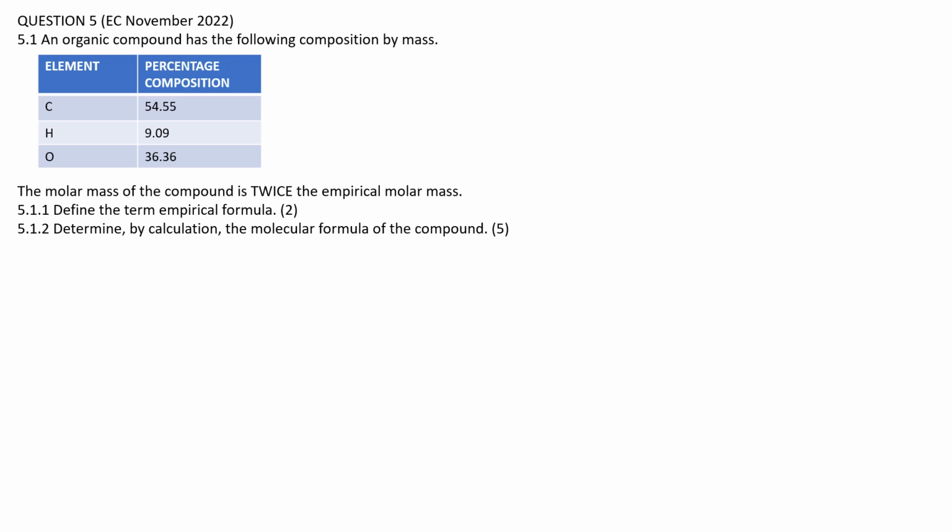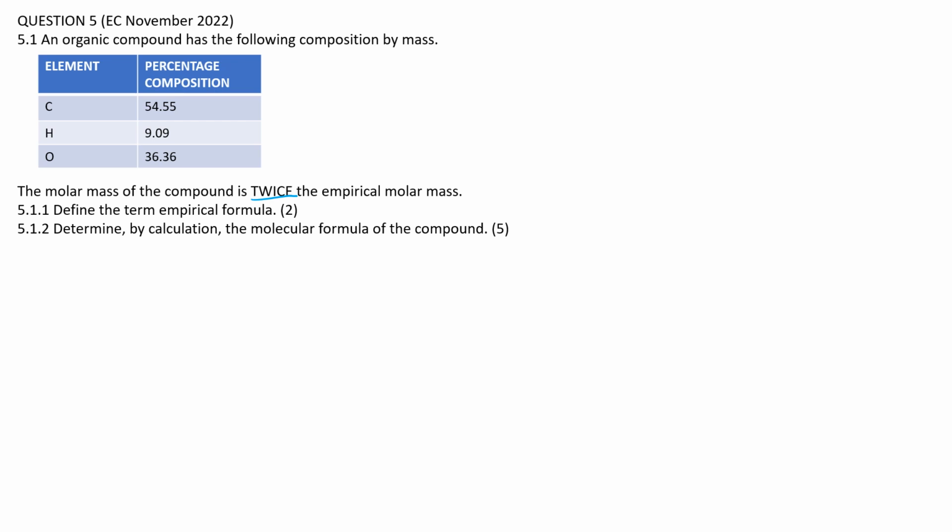It says an organic compound has the following composition by mass. They gave you the percentage composition, that is 54.55% of carbon, 9.09% of hydrogen, and 36.36% of oxygen. And they say that the molar mass is twice the empirical molar mass.